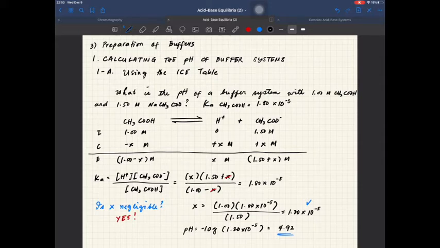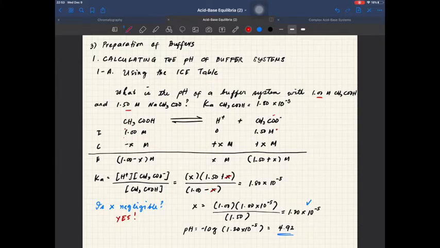We can use the ICE table in order to calculate the pH. I have taught you this previously. We have initially 1 molar acetic acid, and we have 0 molar of hydrogen ion and 1.5 molar of acetate ion from the sodium acetate.